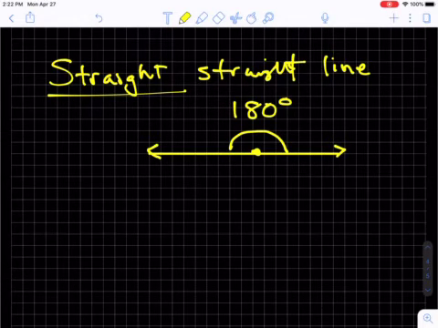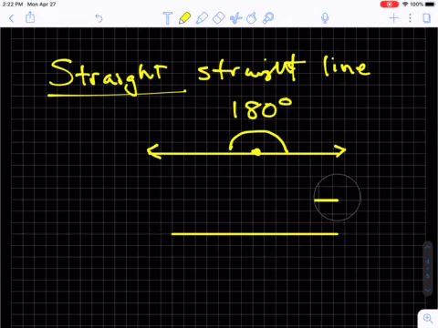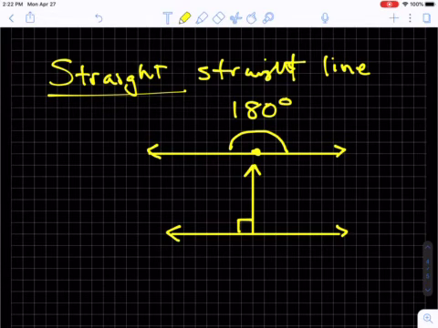Now another way of looking at what a straight angle is, and I'll make another straight line here. It's basically when you have two right angles right next to each other.